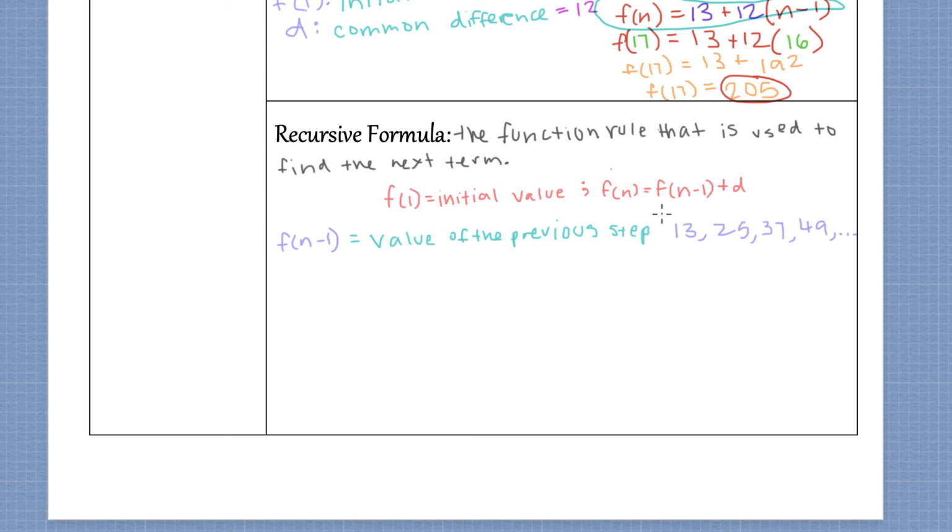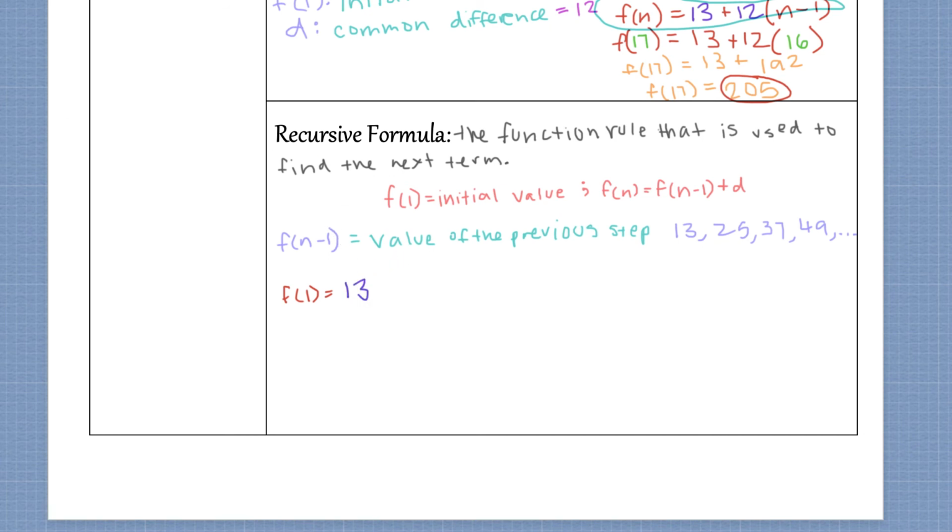And so let's move on and write this in recursive formula. Our first part that we have to do is find the initial value. And so f of 1 is equal to the initial value, and we said up there that the initial value was 13. And so we're going to write 13 right here. F of 1 is 13.